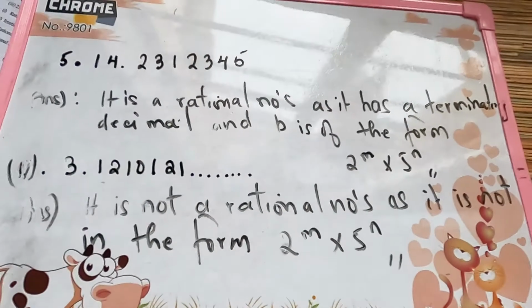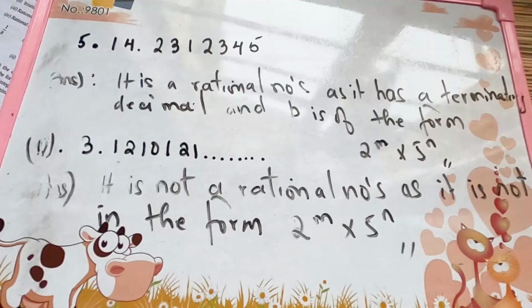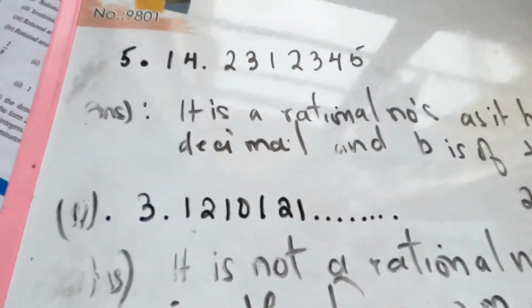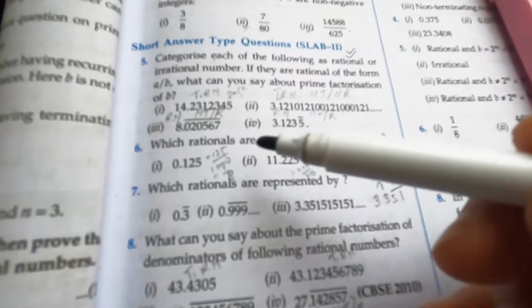This is your answer. Question number 5 and question number 8 are exactly the same, so you will do it by yourself. I will show question number 6 and number 7.